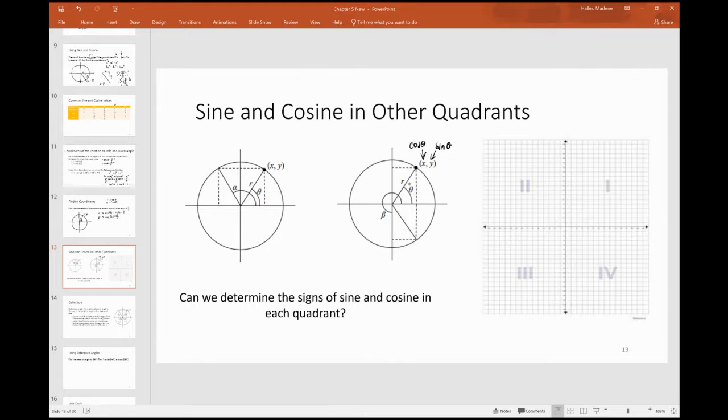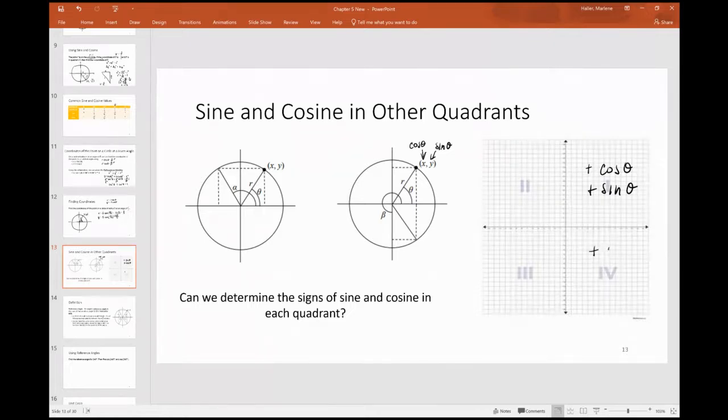So given that, in quadrant 1, all cosines are going to be positive, and all sines are also going to be positive, right? If we look down here in quadrant 4, all the x's are going to be positive, but the y's are all going to be negative.